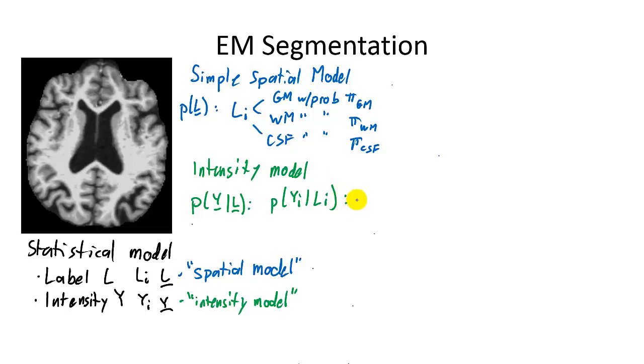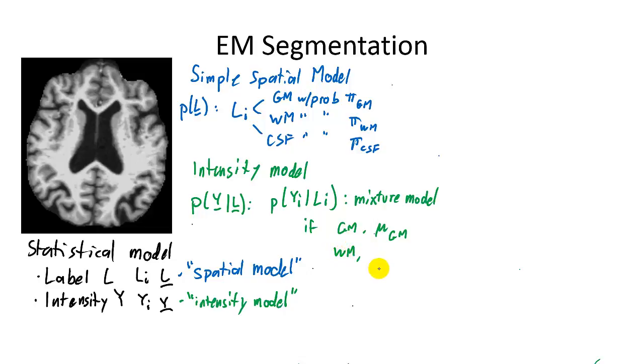And each one of these is basically going to be a mixture model. Meaning that if voxel i has label gray matter, then it's going to have this mean and be randomly distributed near there.